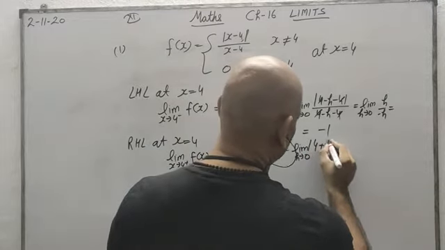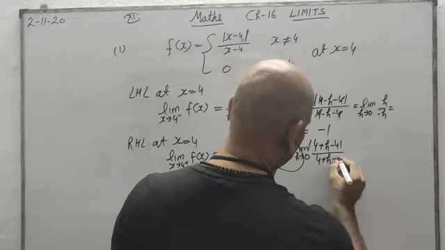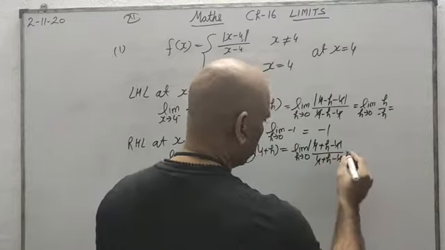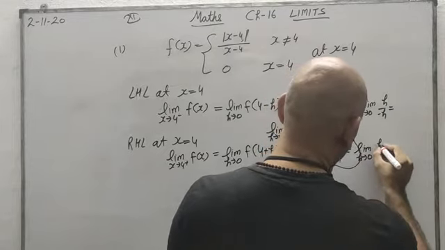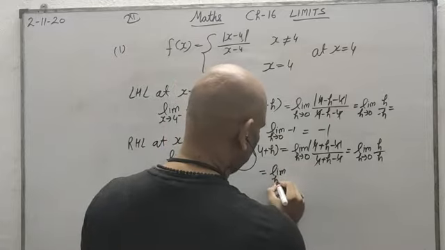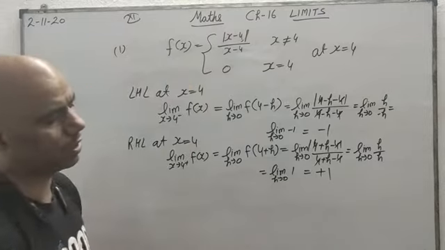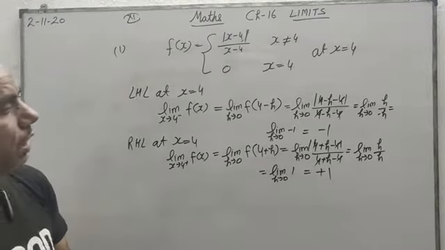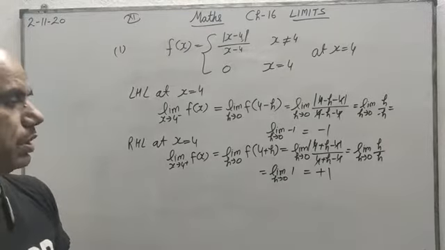So 4 plus h minus 4 upon 4 plus h minus 4. 4 and 4 cancel, again I got limit h tends to 0 h upon h. So the answer is limit h tends to 0 positive 1, and hence the answer is positive 1. So LHL is negative 1 and RHL at x is equal to 4 is positive 1.